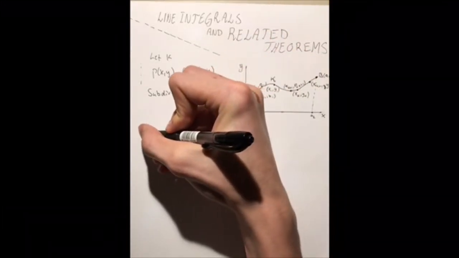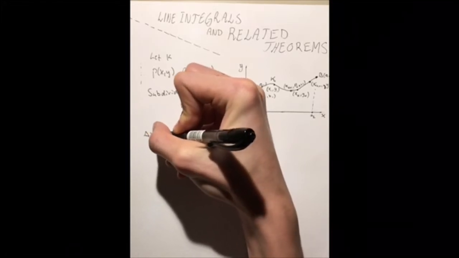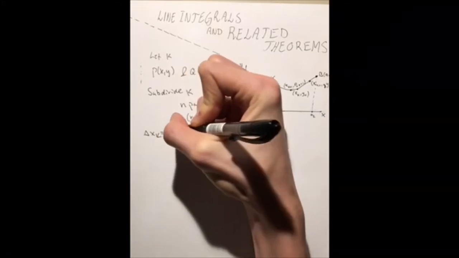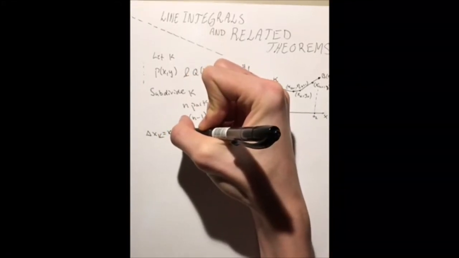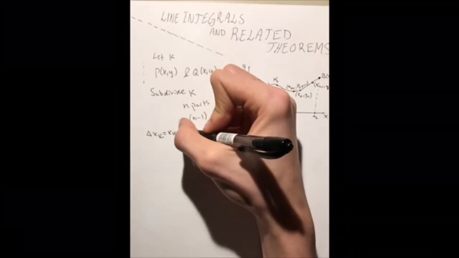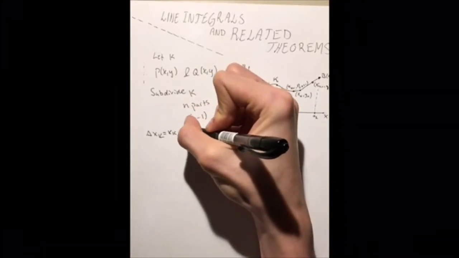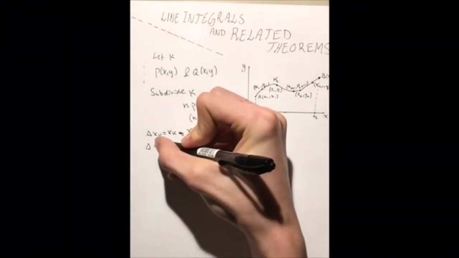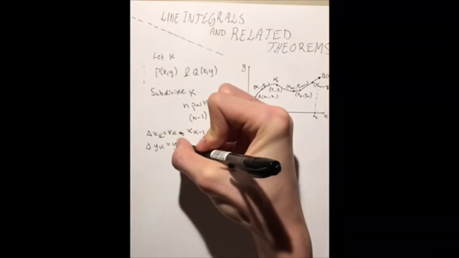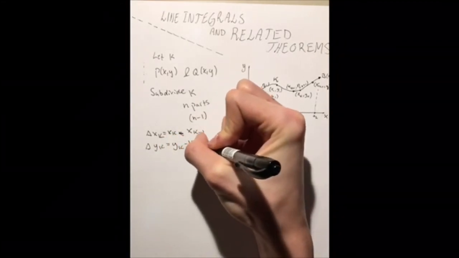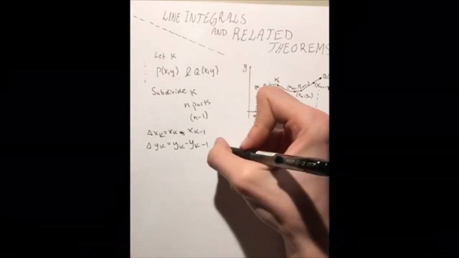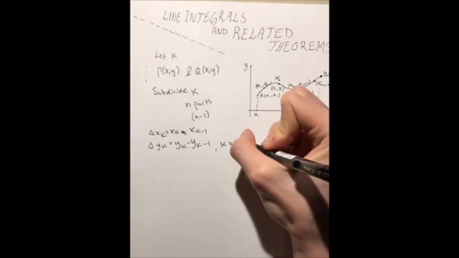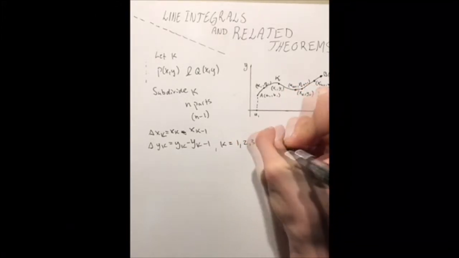Then call delta xk equal to xk minus xk minus 1, and delta yk equal to yk minus yk minus 1, where k is given by an integer from 1 to the specific value n.